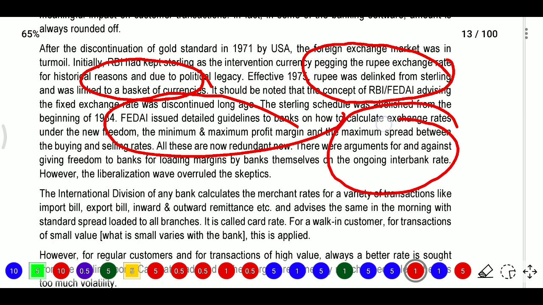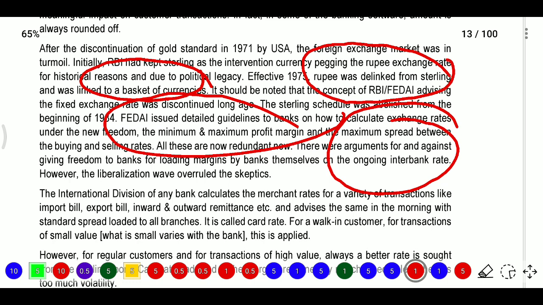So after 1984 banks were given freedom to calculate the rate, but with guidelines for minimum and maximum profit margins and spread between buying and selling rates. All these are now redundant.